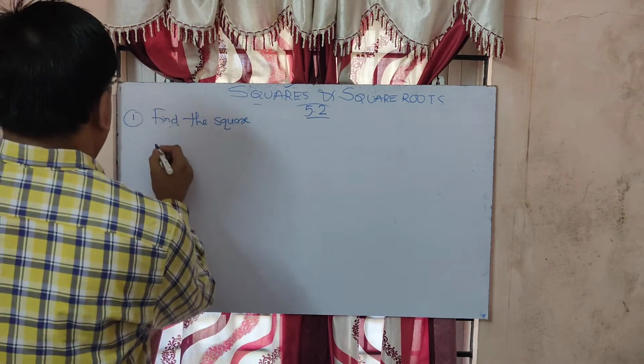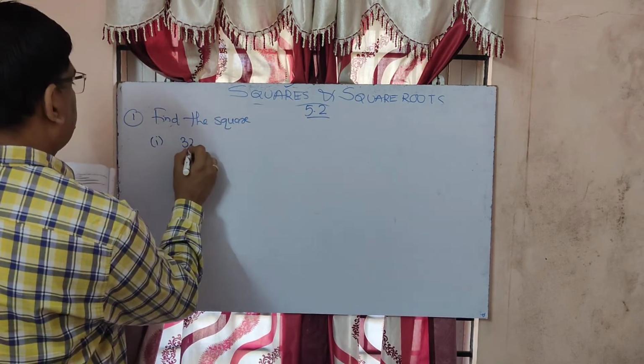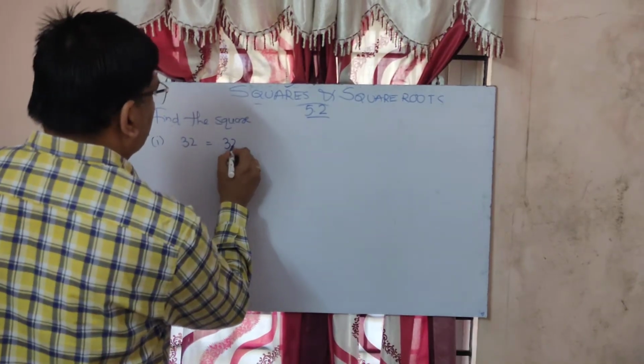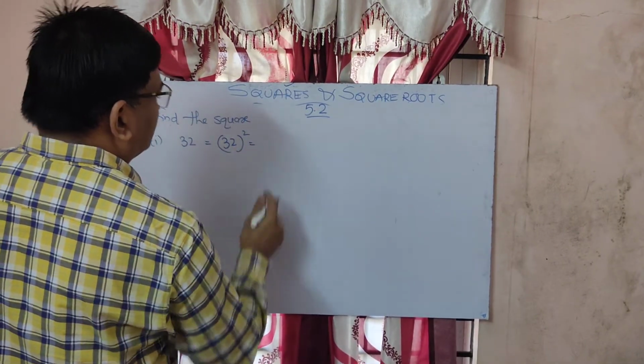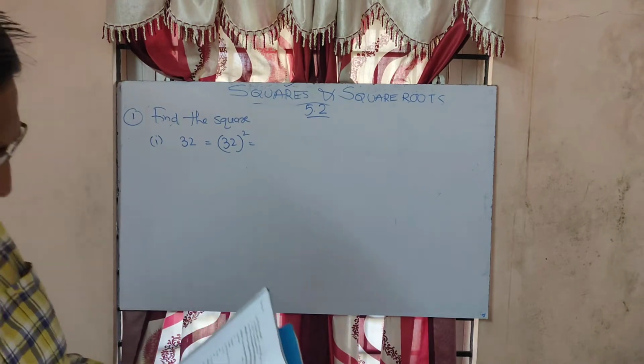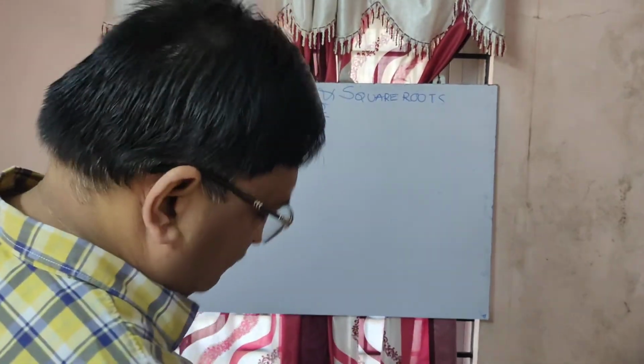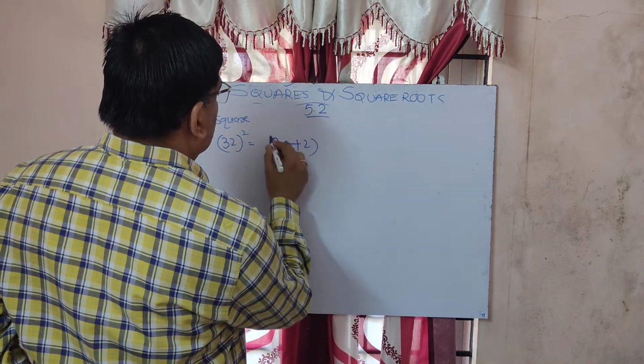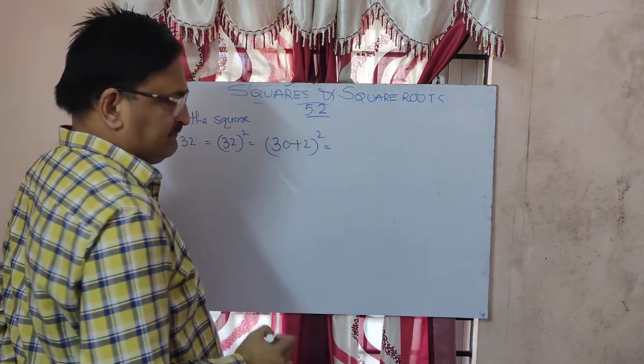So the first one, 32. Square of this number means 32 square. So how to find the square of any number? Now we have seen 30 plus 2 whole square like this.